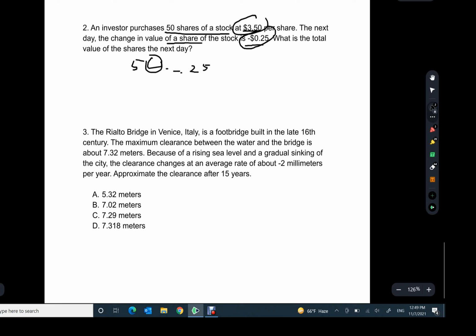And when you do that, you get the same thing as 50 times negative 1 over 4. And when you multiply by a fraction, it's the same as dividing. So it would be 50 over 4 with a negative at front. So when you try to solve this with long division, you get 50 divided by 4, and that would be 1, because only 1 4 can go into 5.